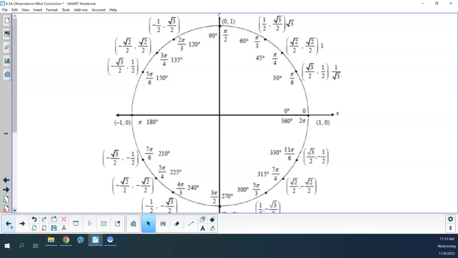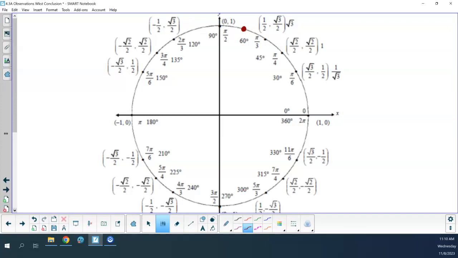What you were supposed to observe in number 4 is that if I'm at that point on the unit circle and I go another whole round, if I add 2 pi or subtract 2 pi, I'm at the exact same spot, because it takes 2 pi to go all the way around once.